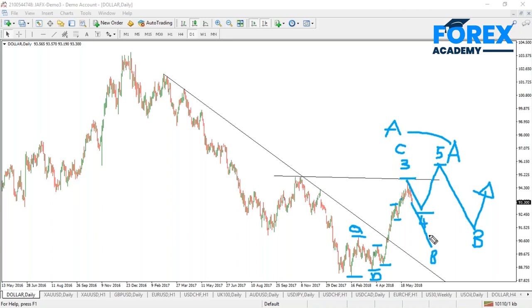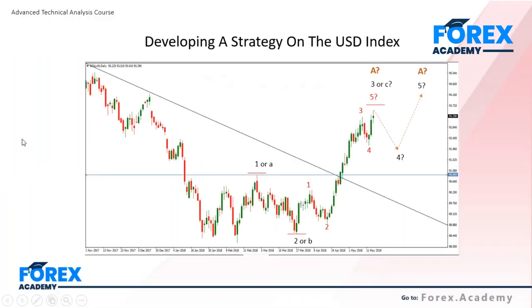If we go back to our slide, one final point that I just want to stress is that no matter which strategy or count we take on board, both are suggesting that we need to look at buying the dips in the dollar index, because wave B will represent the precursor to a much stronger wave C up.